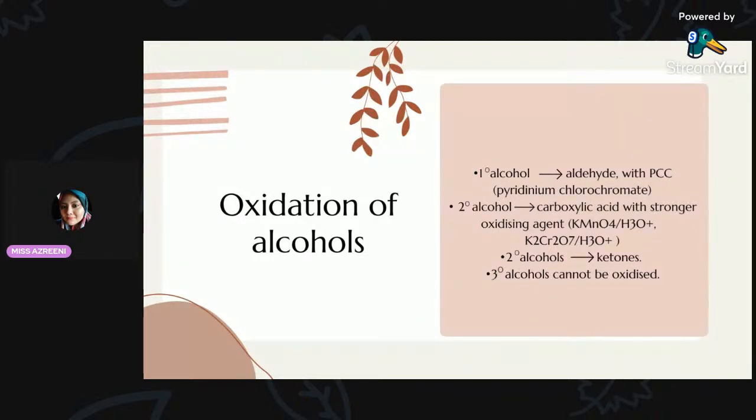Bagi secondary alcohol pula akan menghasilkan produk apabila carboxylic acid with stronger oxidation agent iaitu KMnO4 dan H+ ataupun K2Cr2O7 dan H+ dipanaskan dapat menghasilkan ketones.